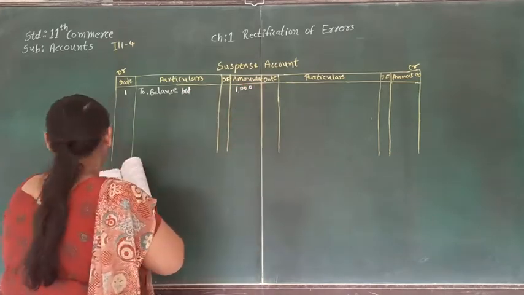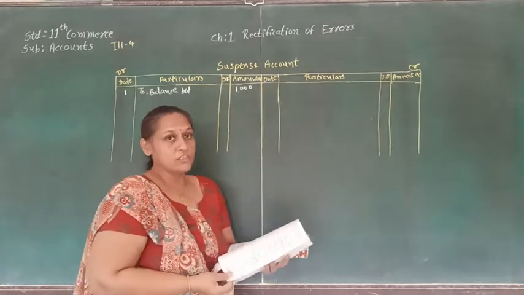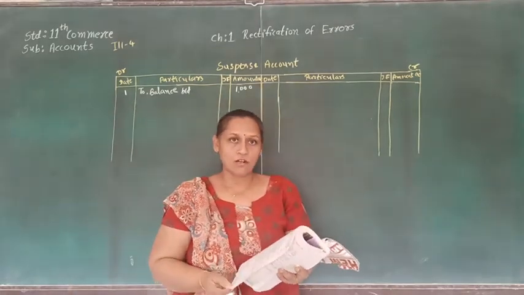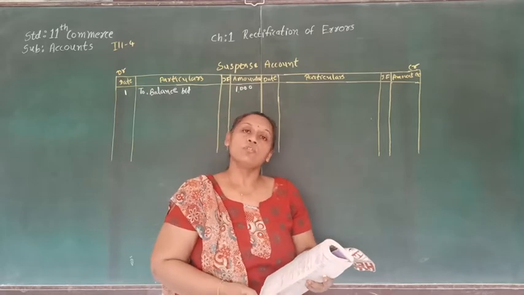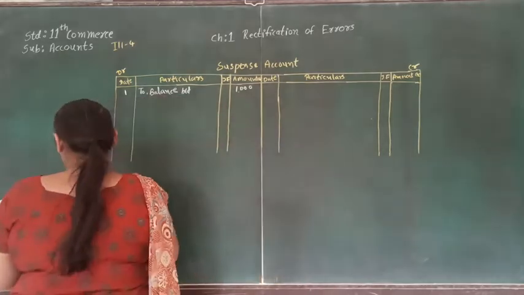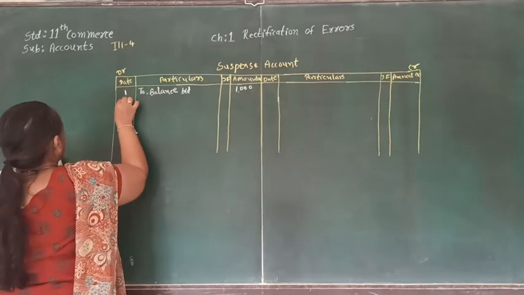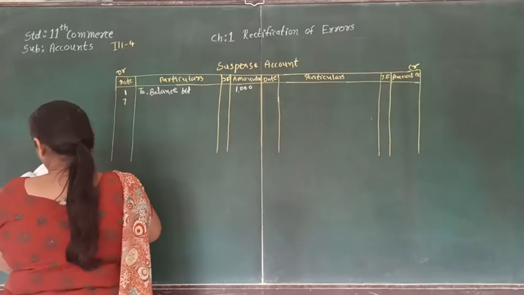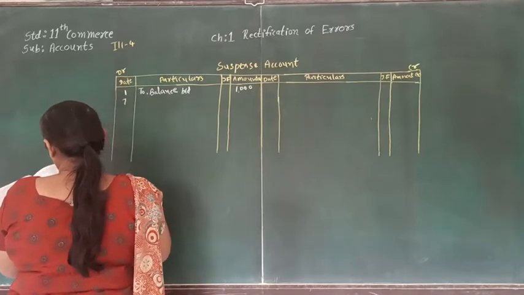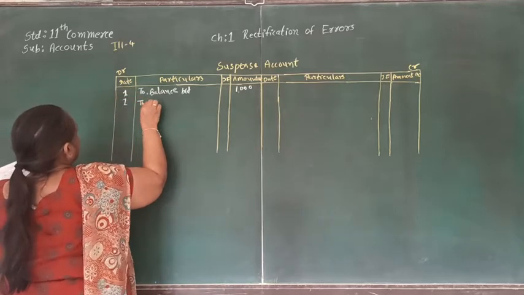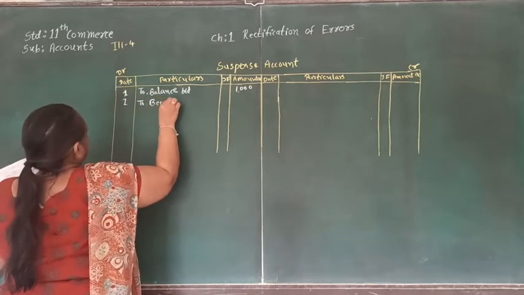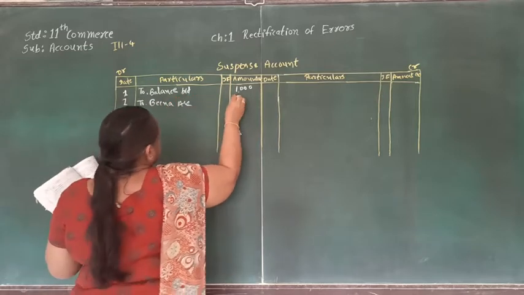Then we can see that in the first journal entry, suspense account is debited. So on the debit side of the suspense account, we will write to Bina's account, on the same date, the first date, 7,000.